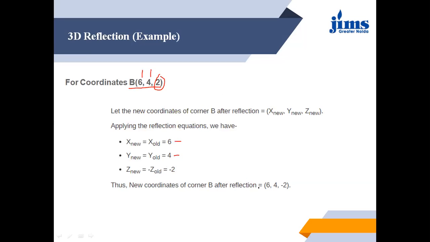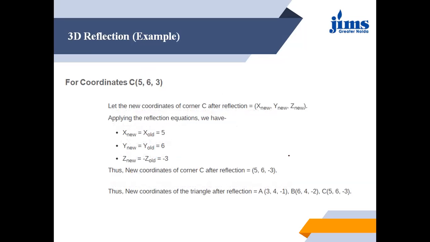So the final values are 6, 4 and minus 2. In point C also, the value of z is going to change only from plus 3 to minus 3. The x and y values are the same, so it is 5, 6, and z is minus 3 instead of 3.